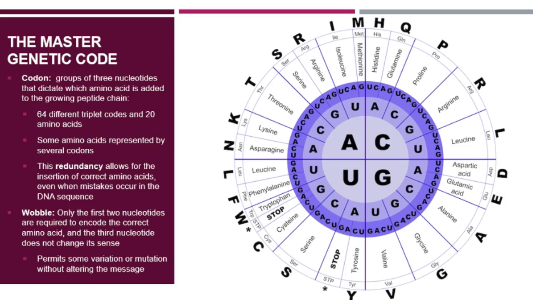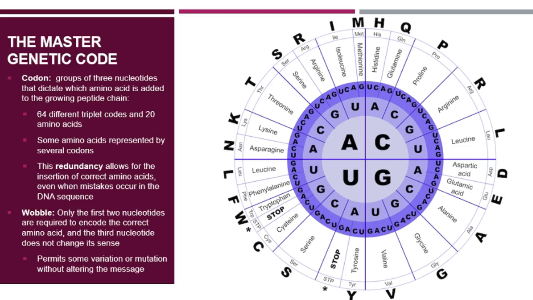So I mentioned before that a codon is a group of 3 nucleotides, and this sequence of 3 nucleotides, or the codon, is what determines the amino acid that is added to this growing chain of peptides. There are 64 different codons that code for 20 amino acids.